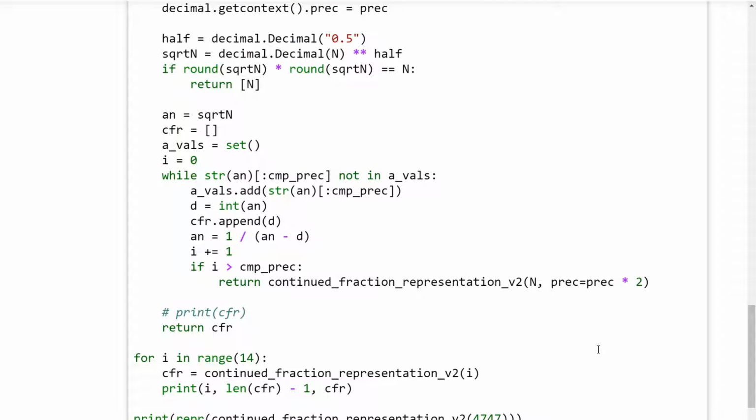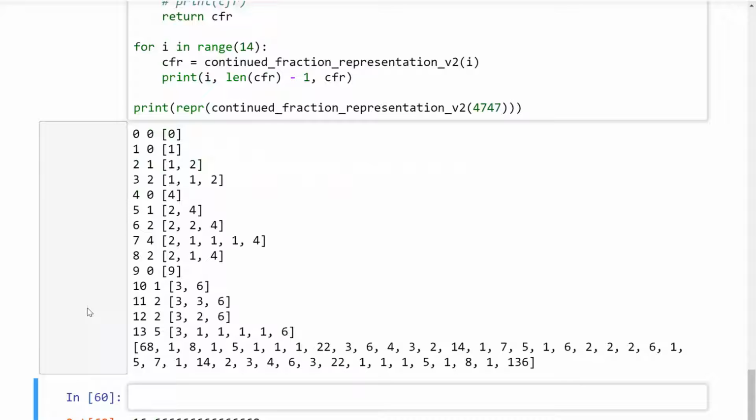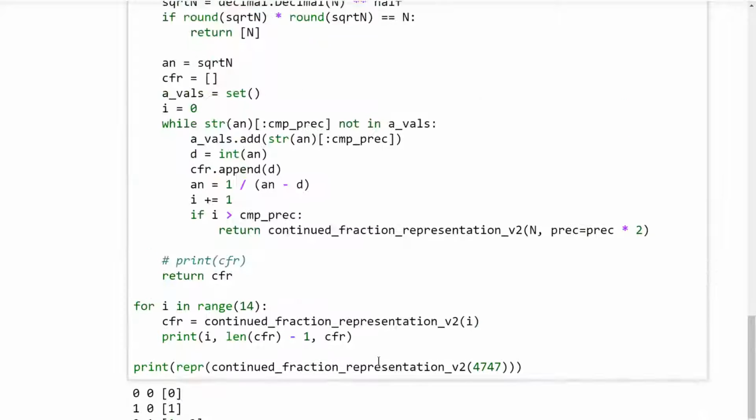But the stopping condition should be changed. Shouldn't the stop condition be changed or no? What stop condition? No. We just forget about all of this. Okay. Right?